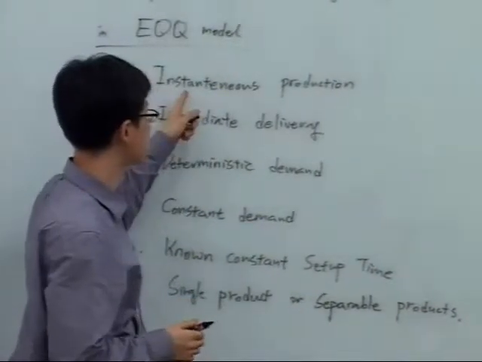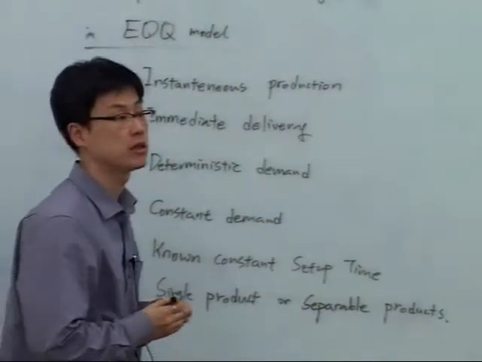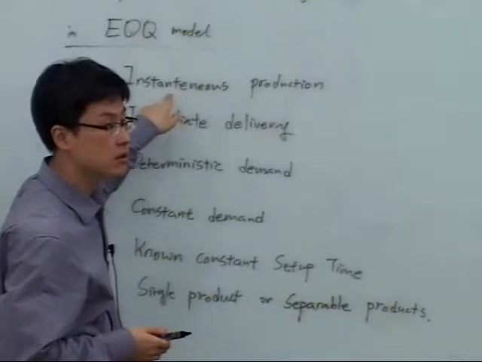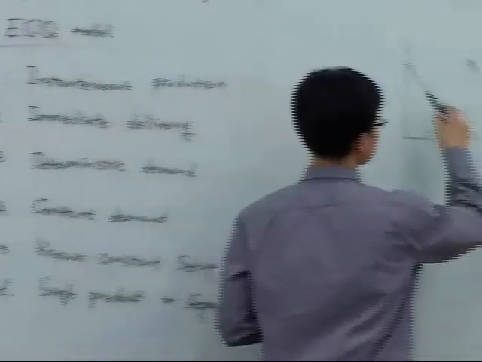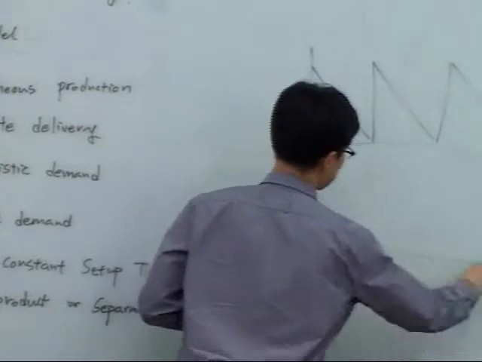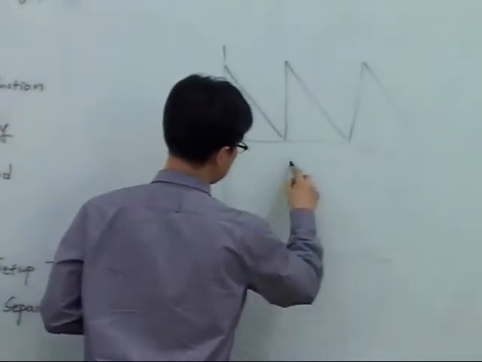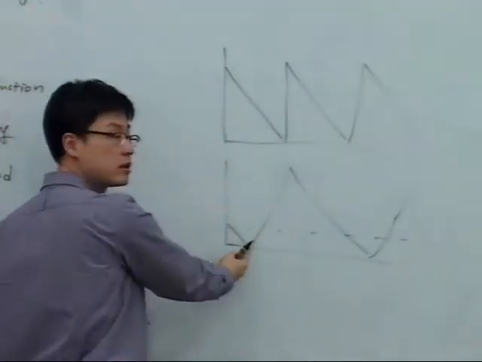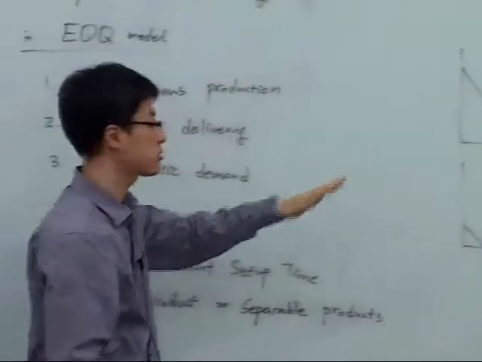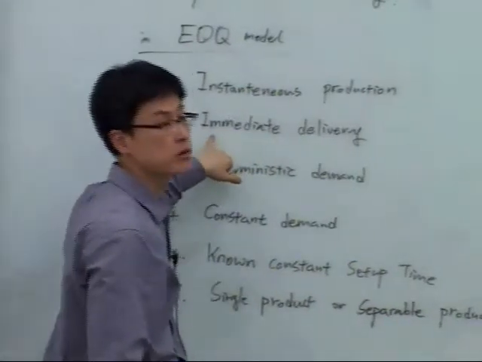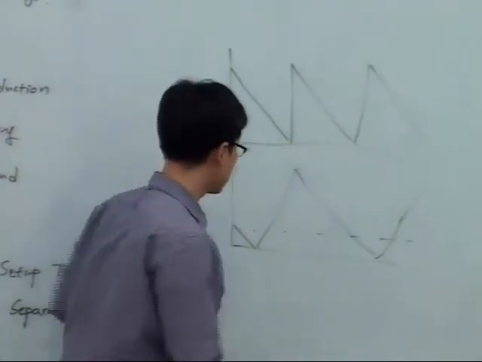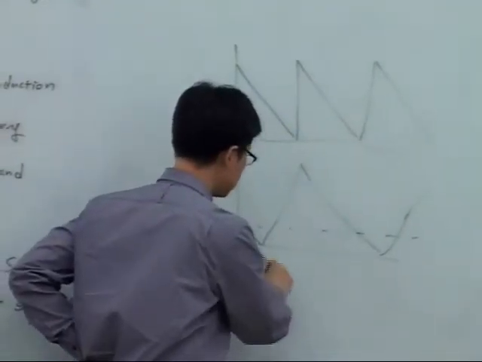If we relax these two, instantaneous production and immediate delivery, if we just relax assumption number one, there is now non-instantaneous production, with a production rate. But in the second model, we assumed the lead time.